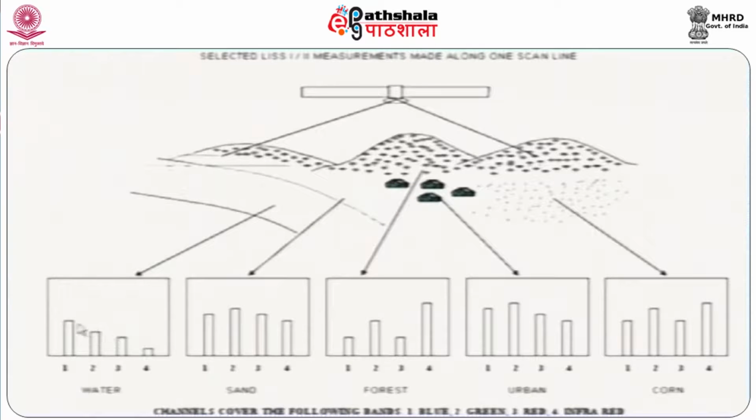So, we will be interested in knowing which part of the energy is reflecting more, and that energy is what is being received by the satellites. Satellites receive the energy on its way while passing through the stations which are normally placed on the earth's surface. It dumps the data, we receive that energy and process the data, and finally we use it for our application. So, let us see how the energy is stored.